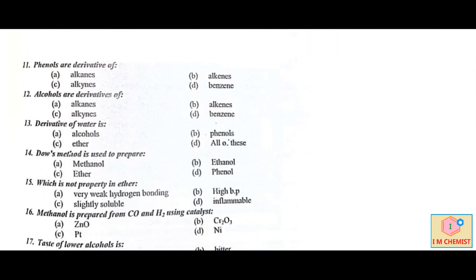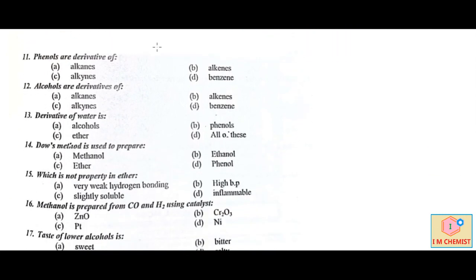MCQ number 11. Phenols are derivatives of what? Phenols are derivatives of benzene. If you have a benzene ring and if you attach an OH or hydroxyl group to this benzene ring, it will transform into phenol. Alcohols are derivatives of what? Alcohols are derived from alkanes. For example, you have R, this is an alkyl group, and if you attach this to OH, it would be converted into another class of organic compound.